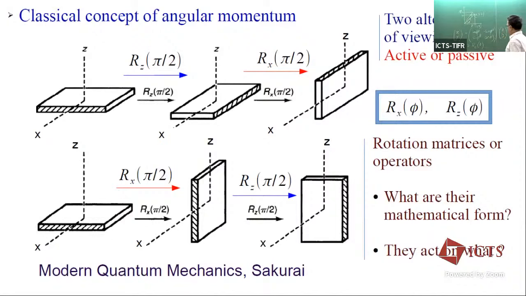Yes, change. So if you consider phi prime is small in the sense of calculus, infinitesimal means small, then you get basically the angular momentum operator, small, with a prefactor. So the angular momentum operator is the generator of the rotation, that I will come back to.